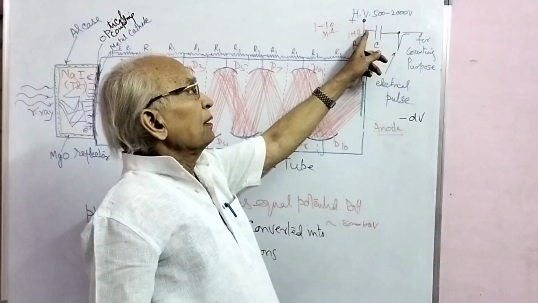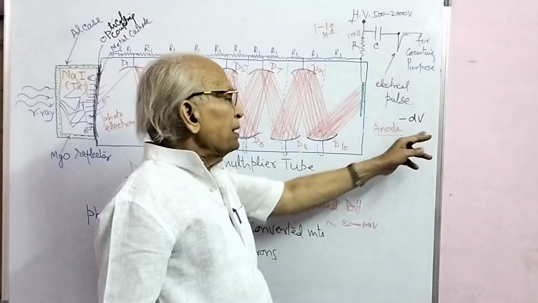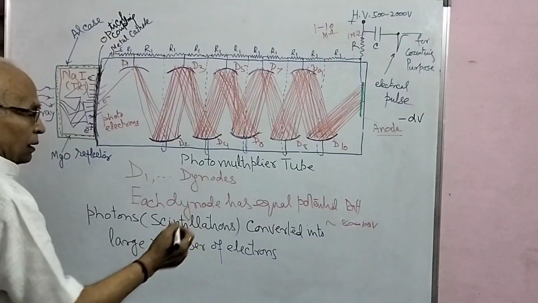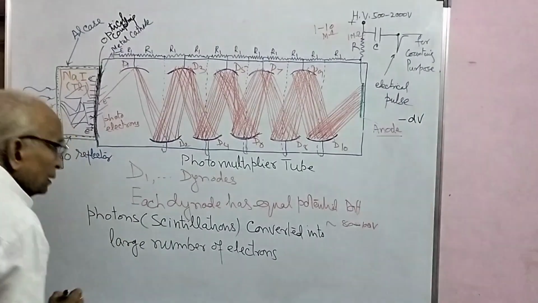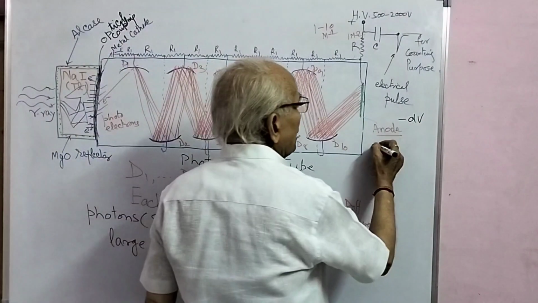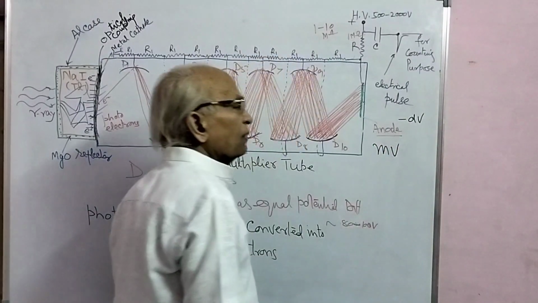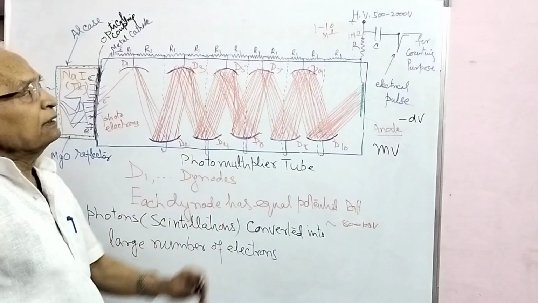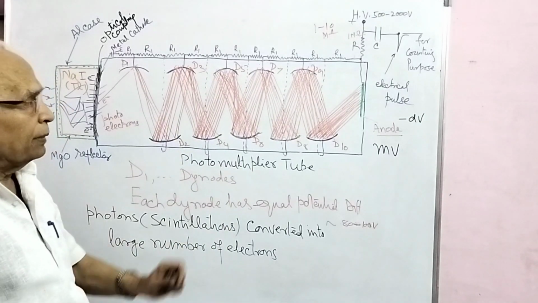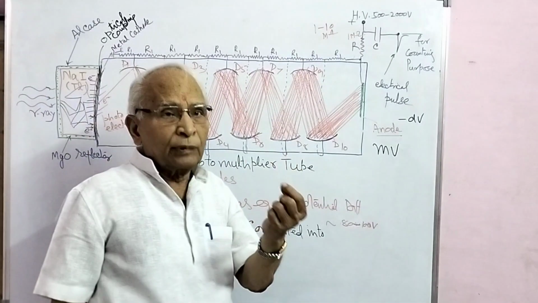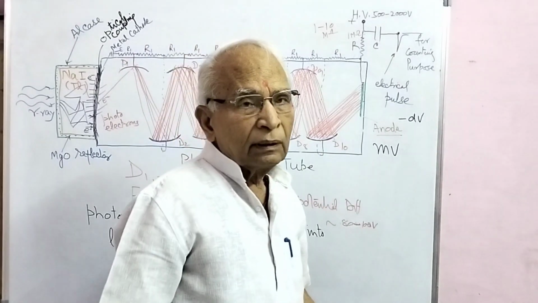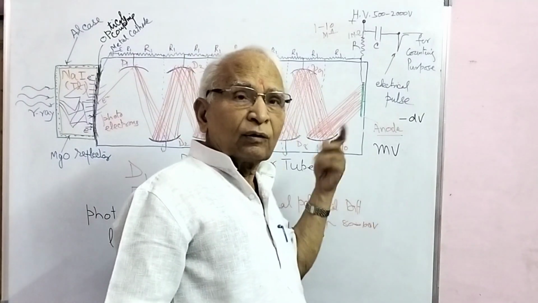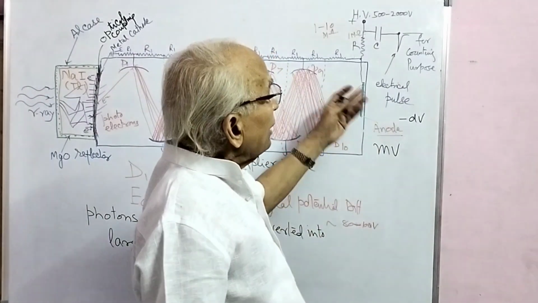The potential drop at the resistance is of some millivolt order, very small, because the resistance is very high, no doubt, but charge is also high, but the potential, you see, is IR drop. So I may be, say, microampere, and then you can calculate the potential.